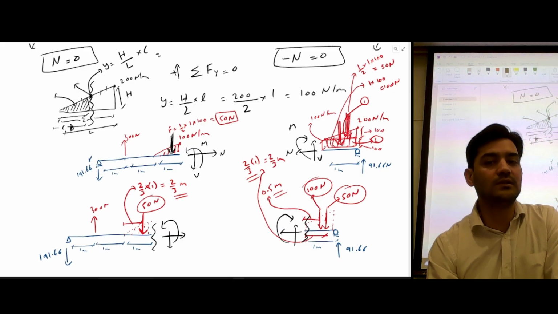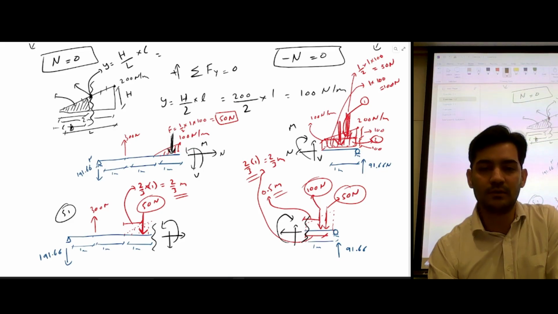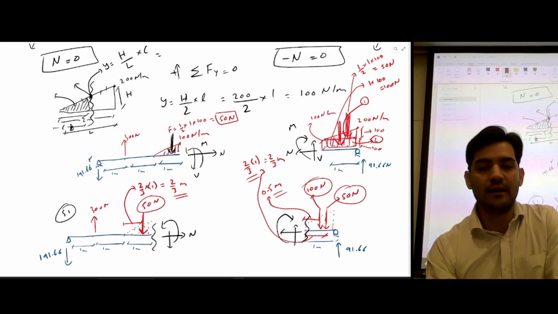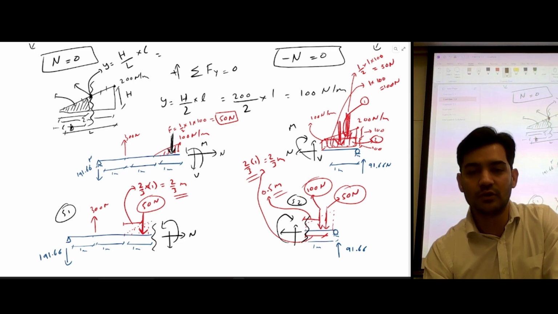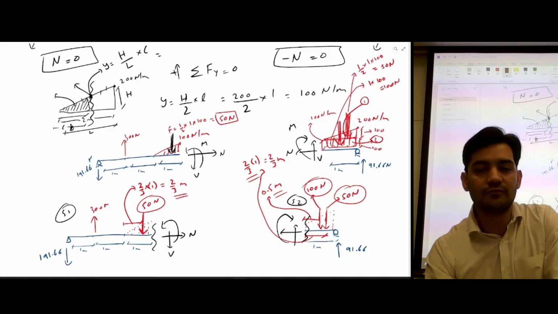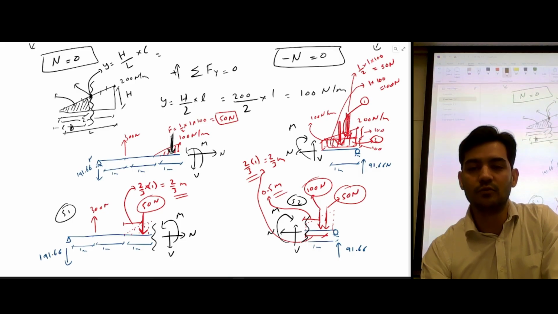Whenever I select the left section of a member, I'm going to have this direction, and whenever I select the right side of a section, the directions are opposite. So this is normal force or axial force, this is shear force, this is moment, this is axial force, shear force, and a moment.